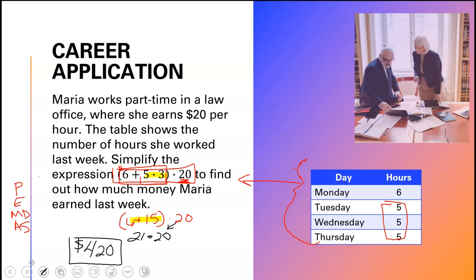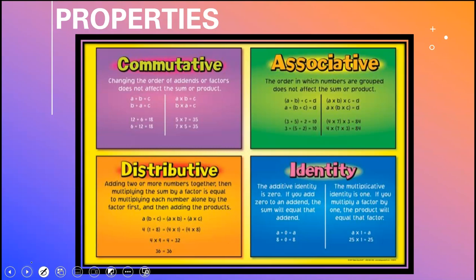And that's one of the beautiful things in math. The properties that we're going to talk about here are what's known as the commutative property, the associative property, the distributive property, and the identity property. Please remember you can feel free to pause the video at any time so that you can take notes as needed.